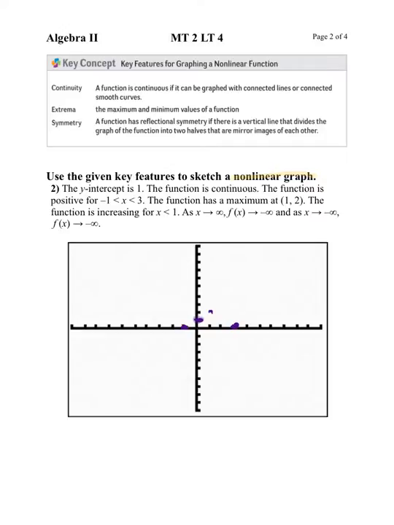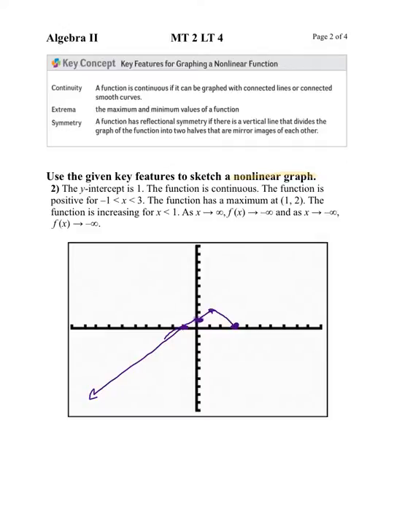There's more than one correct answer here, but I do know that when I go to negative infinity, I'm going to be going down, and it could be going down in different areas. I know my graph is increasing, it's positive between negative 1 and positive 3, and it reaches a maximum value at (1, 2).